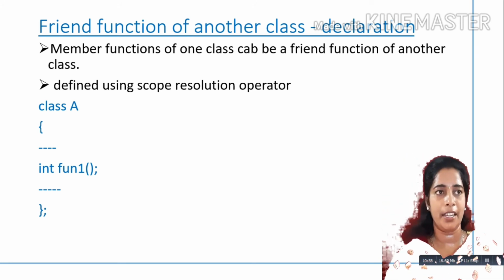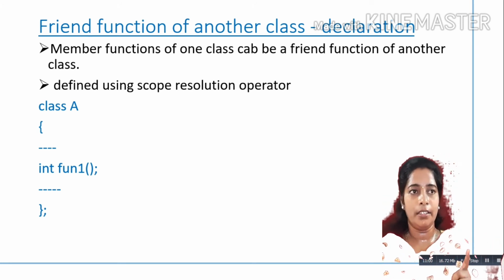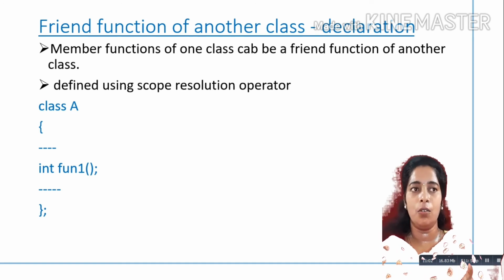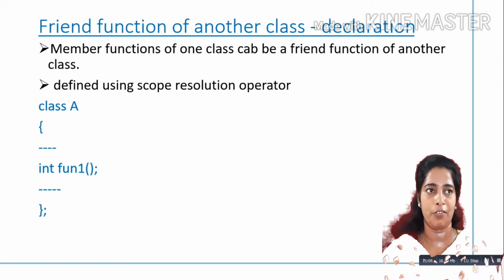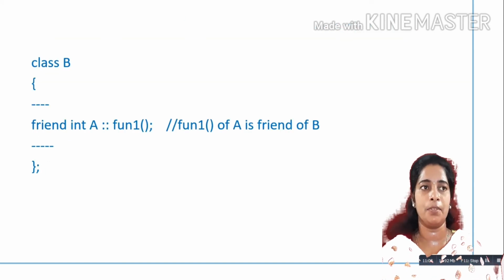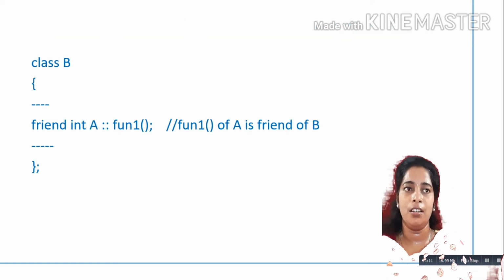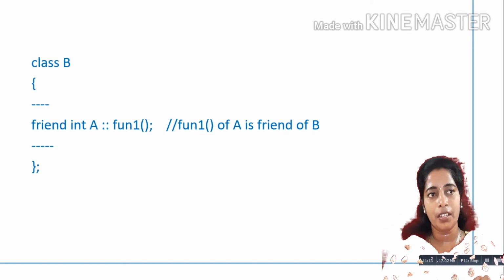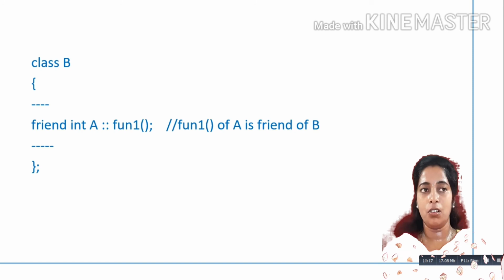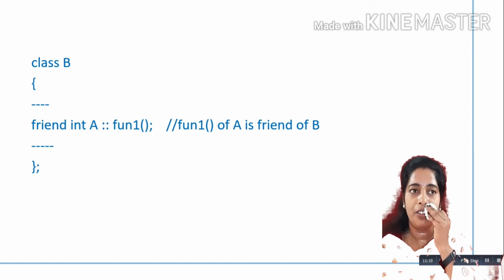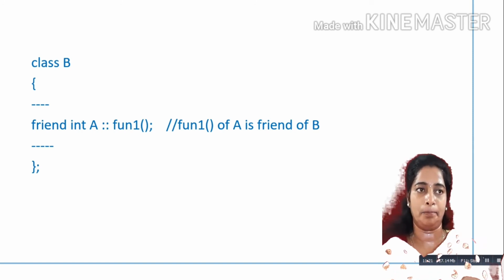First, consider a program with class A. In that, int function 1. This function is not a friend function, it's a normal member function. Consider another class, in which I am taking one function, where A is a friend of B. So this function is a friend function of B, that is fun1.